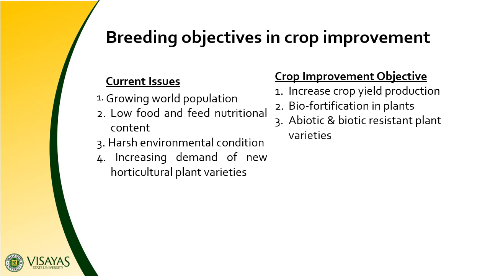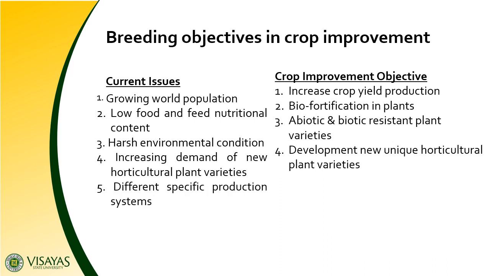There are more plantitas and plantitos who are looking for new plant varieties which are unique to the eyes. So you have the development of new and unique horticultural plant varieties. Then fifth, you have different specific production systems.